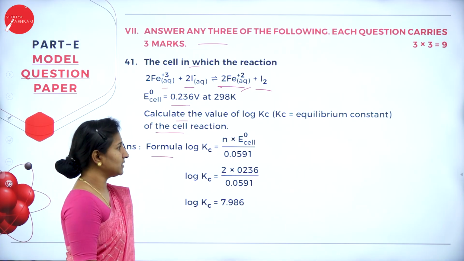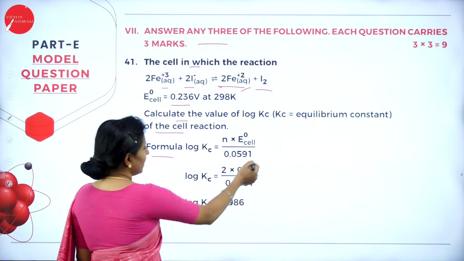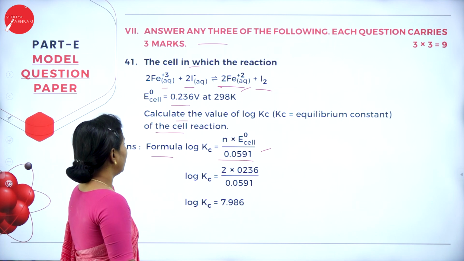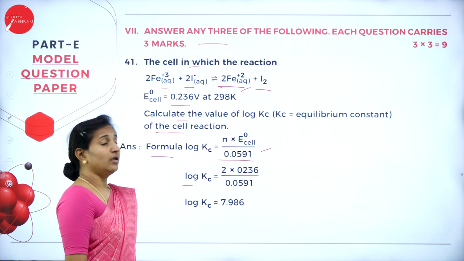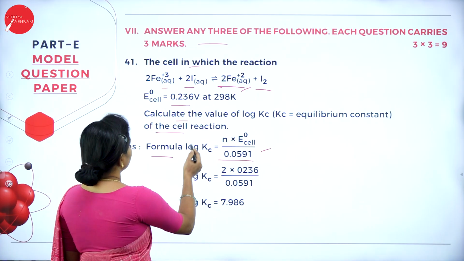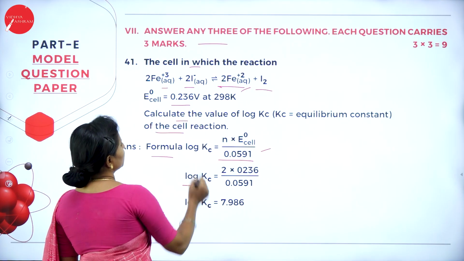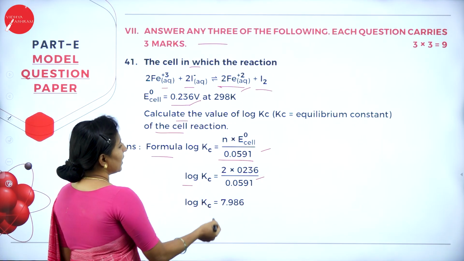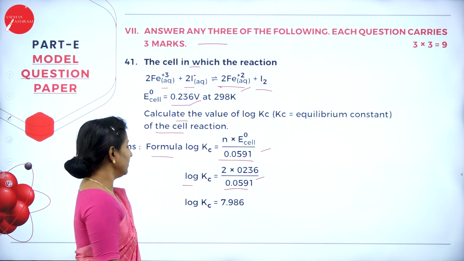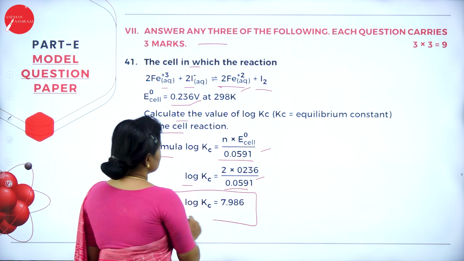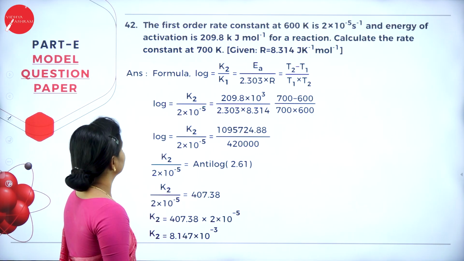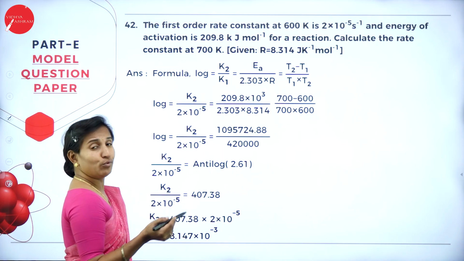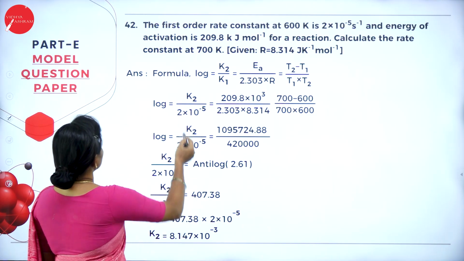The formula: log Kc equals n into E0 of the cell divided by 0.0591. The value of n is 2. Why is it? Because of the +2 oxidation state. E0 of the cell they have given 0.236 and 0.0591. We get the value of log Kc as 7.986.